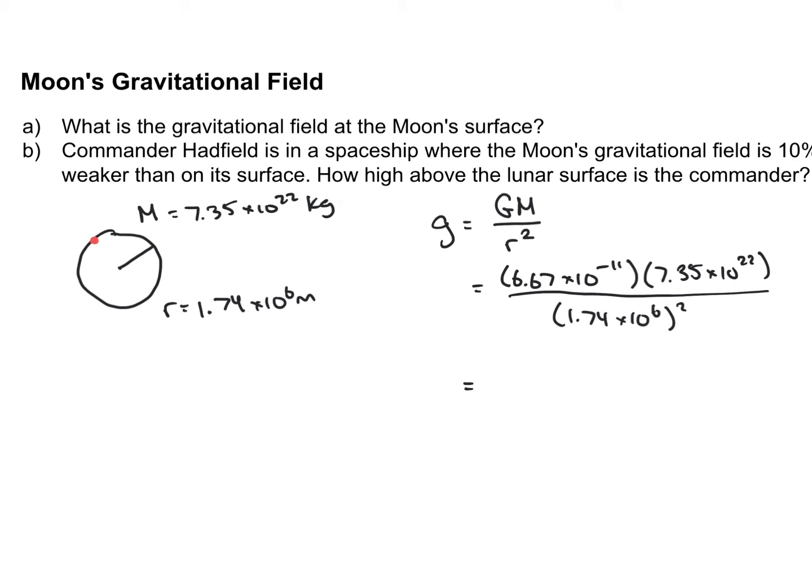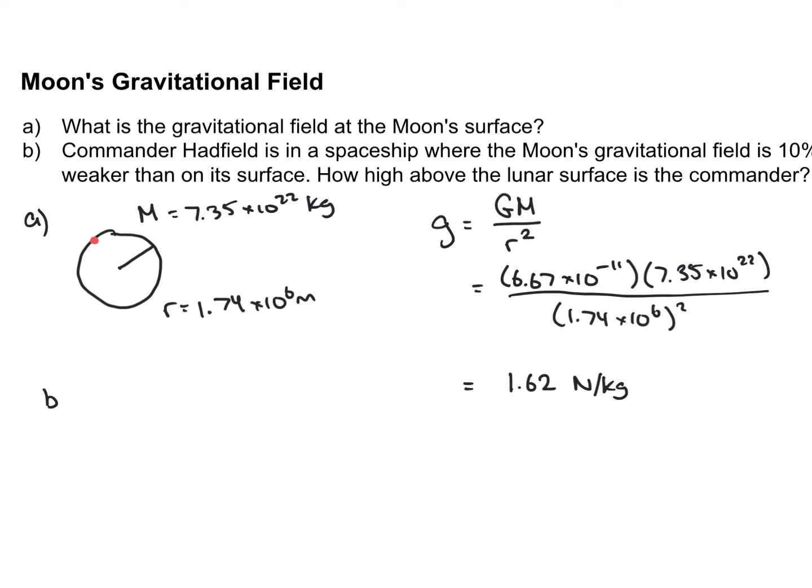Okay, so I'm coming out with an answer of 1.62. It has 3 significant digits based on all the given values there. This would be in newtons per kilogram. And yeah, that is pretty close to 1/6 of 9.8. So I think that's the right answer. So that's part A.